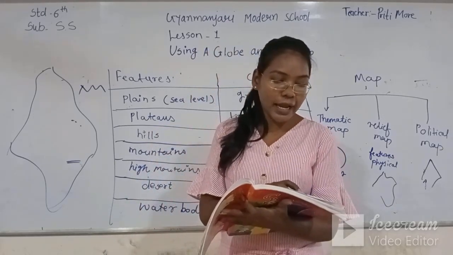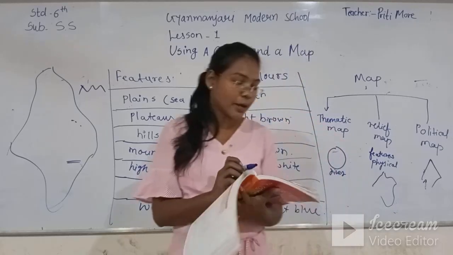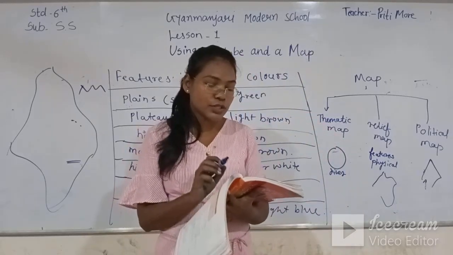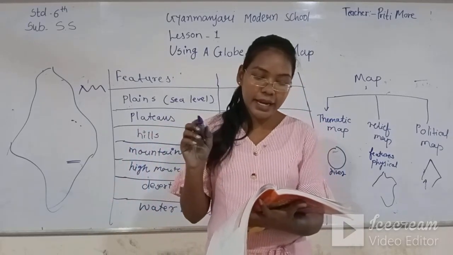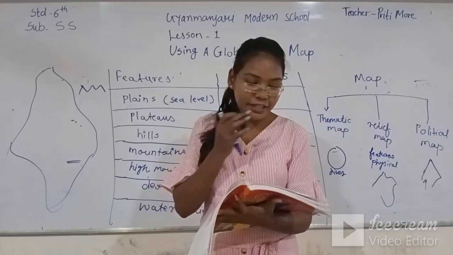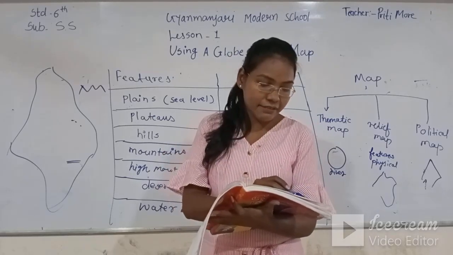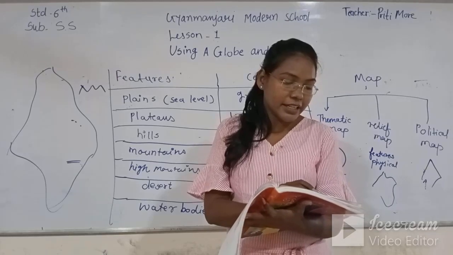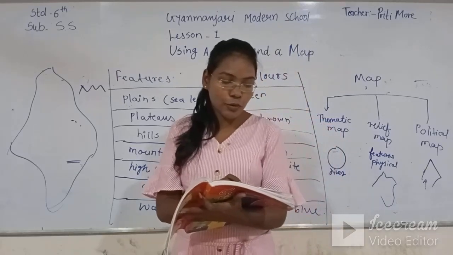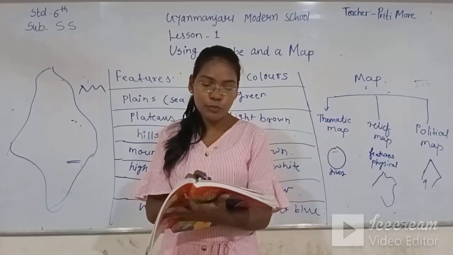When we look at the physical map of India, we are able to say Delhi is located at 29 degrees N and 77 degrees E. It is on the southern bank of the river Yamuna.